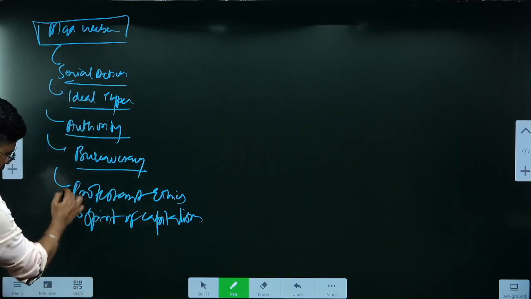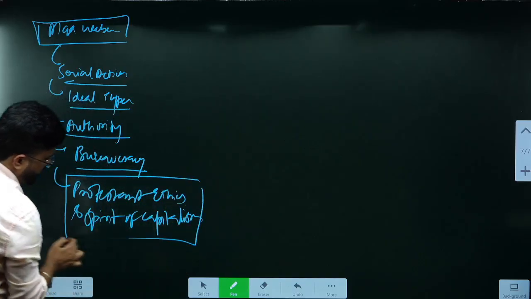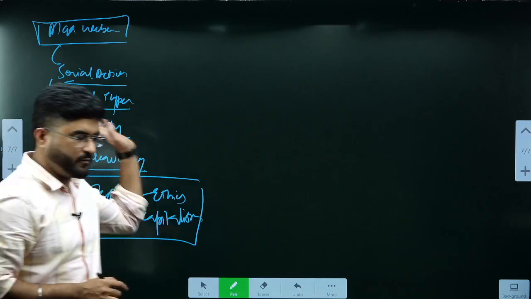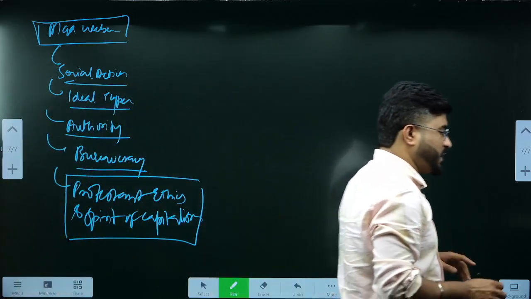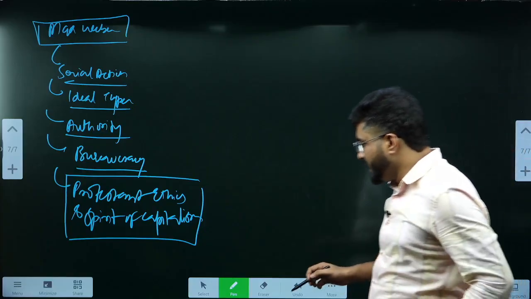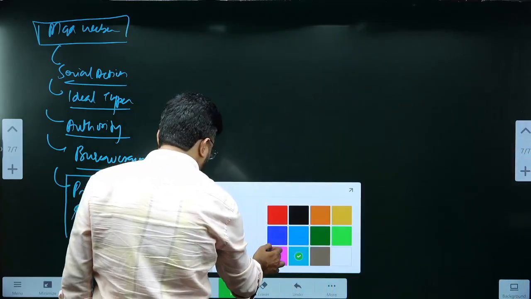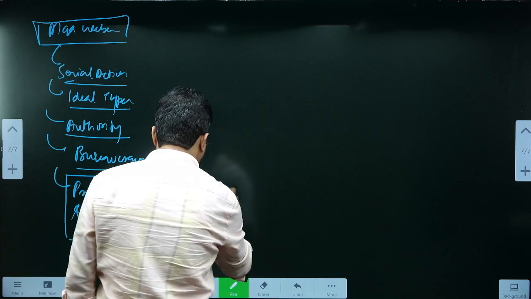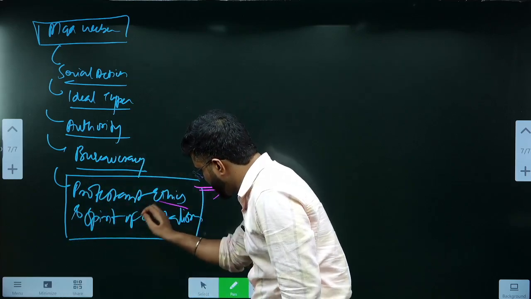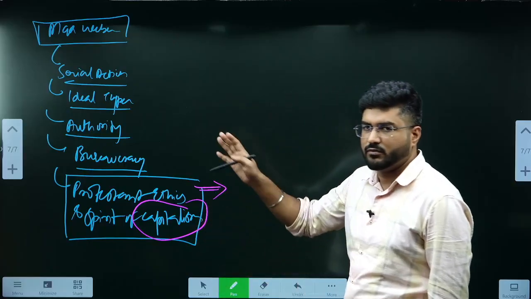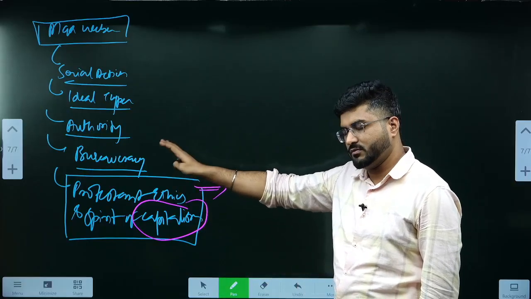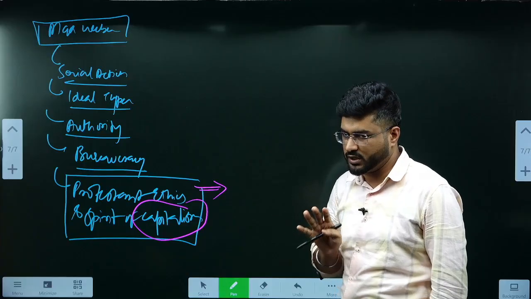So this particular chunk you have to cover with the Emile Durkheim part of religion as well as with the Marx part on religion. Again, one important thing here is the question of why capitalism emerged related to the Protestant ethics.